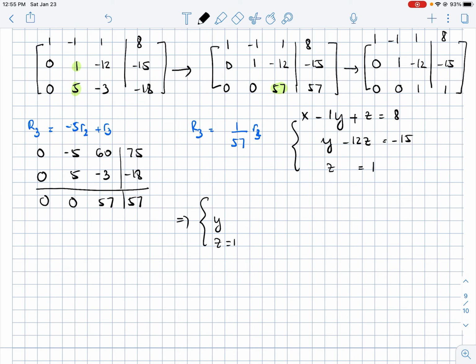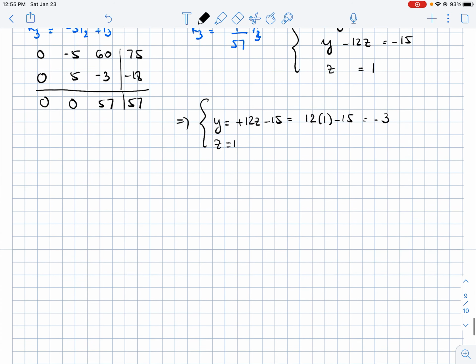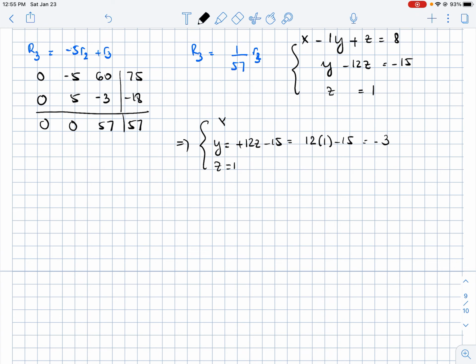We plug back into the y. So y equals positive 12z minus 15. So 12 times 1 minus 15 is -3. And you plug both of them into the x, and you will get x equals 4. The answer for this problem is 4, -3, and 1.